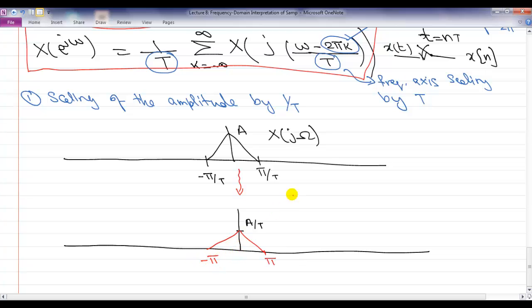Okay. And then we will have multiple copies where each copy is shifted by 2 pi. So we'll have the same thing at 2 pi, at 4 pi, minus 2 pi, and minus 4 pi, and so forth.